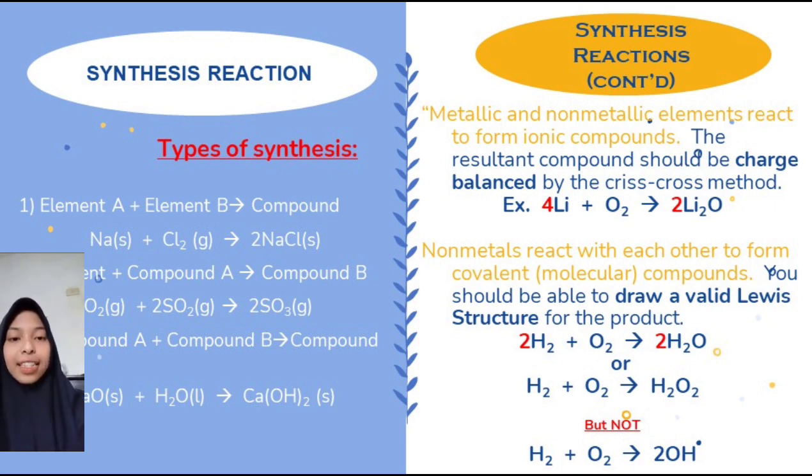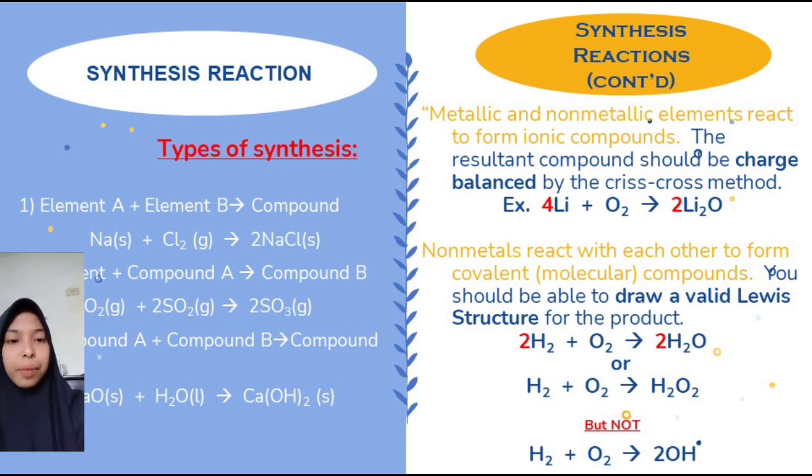Next, synthesis reaction content. Metallic and non-metallic elements react to form an ionic compound. The resulting compound should be charge balanced, using the crisscross method. Example, Li plus O2 yields 2Li2O. Non-metals react with each other to form covalent or molecular compounds.